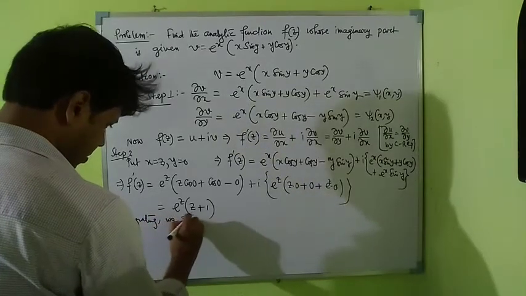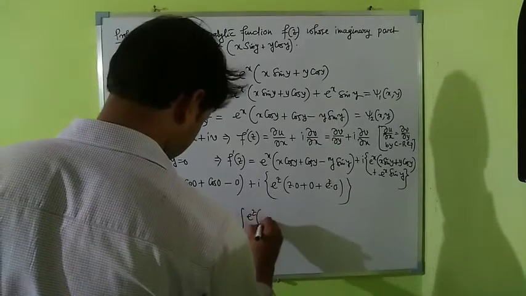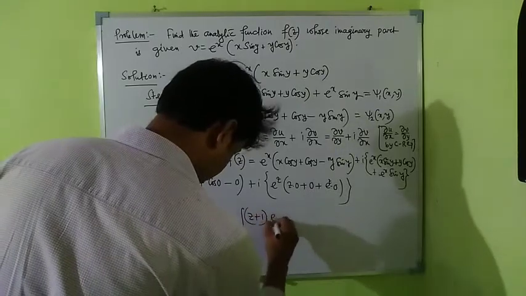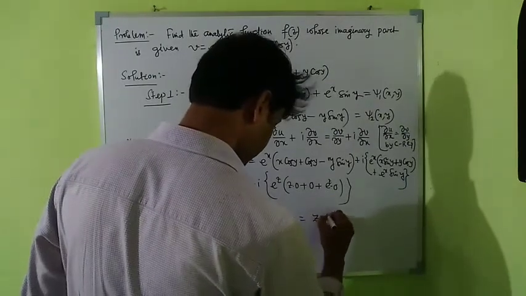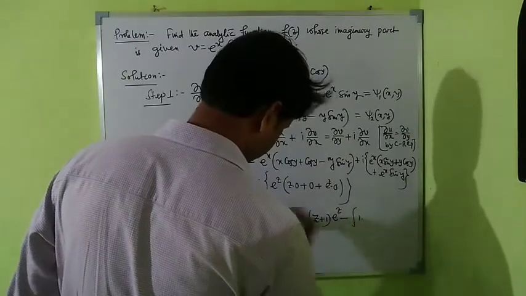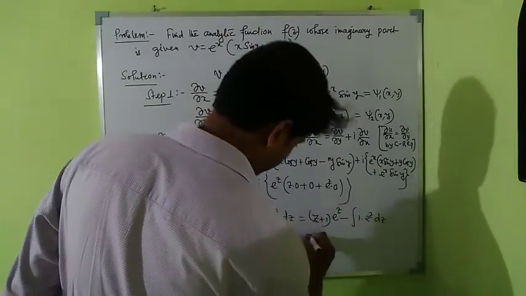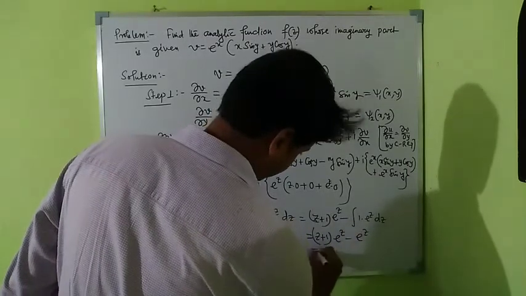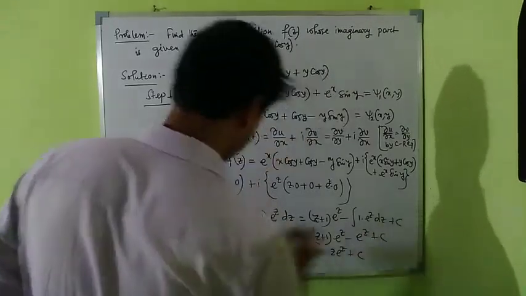we get f(z) equals the integral of e to the power z into z plus 1, which is (z plus 1) e to the power z minus the integral of the derivative of z plus 1, that is 1, times e to the power z dz. This is (z plus 1) e to the power z minus e to the power z, so z into e to the power z plus a constant.